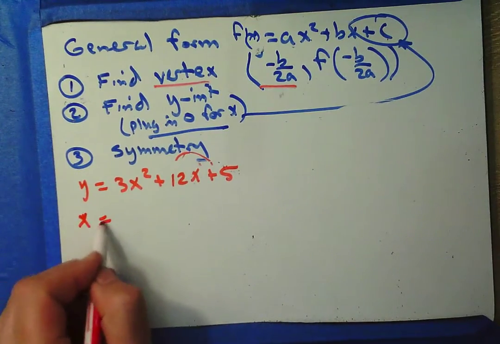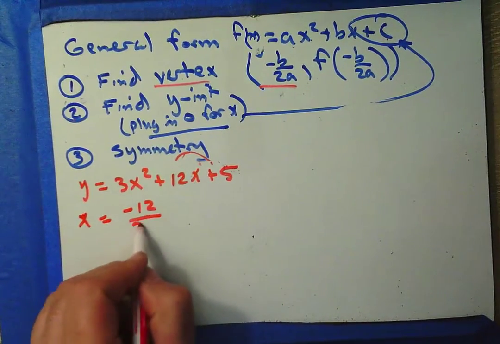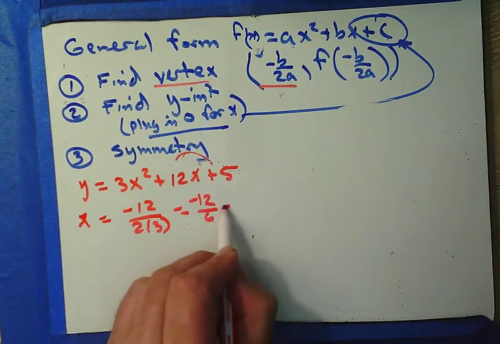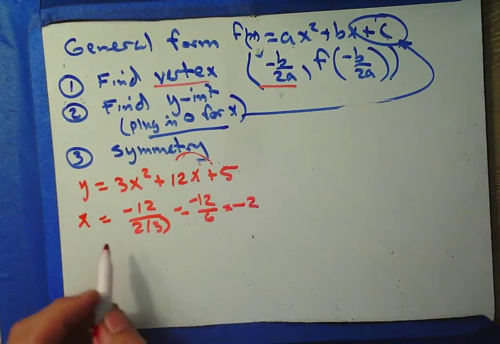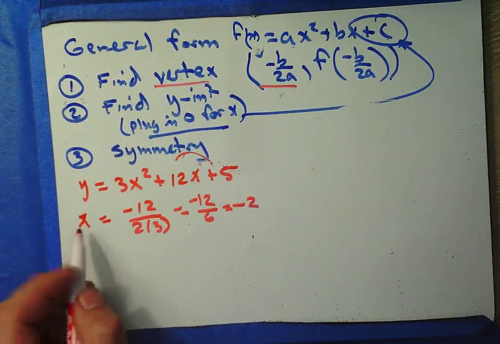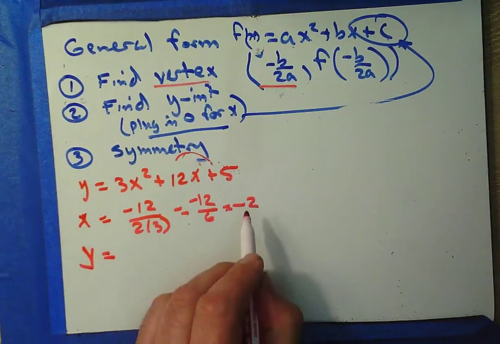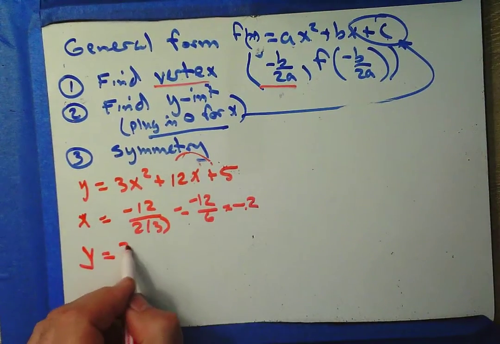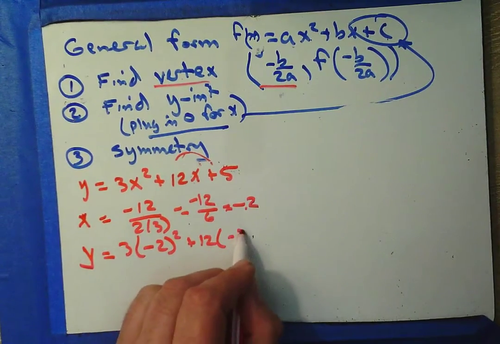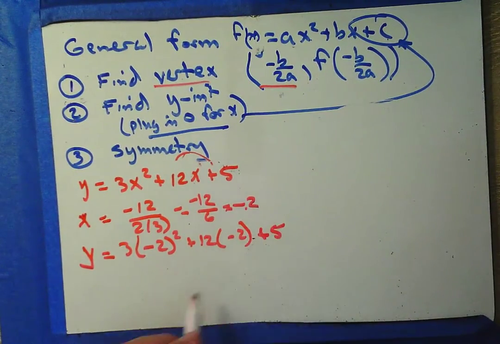I know that the x would be minus b over 2 times 3, which is minus 12 over 6, or minus 2. How do I find the y coordinate of the vertex? Well, I have to plug this x back into the function. 3 times negative 2 squared plus 12 times negative 2 plus 5.